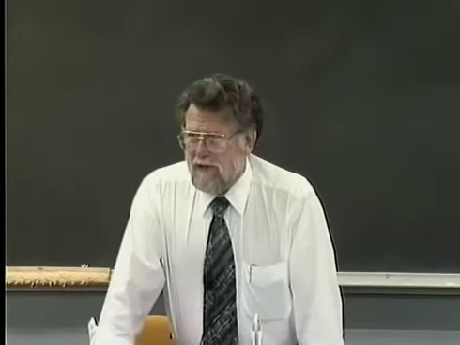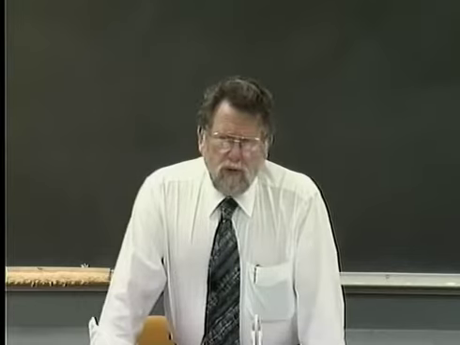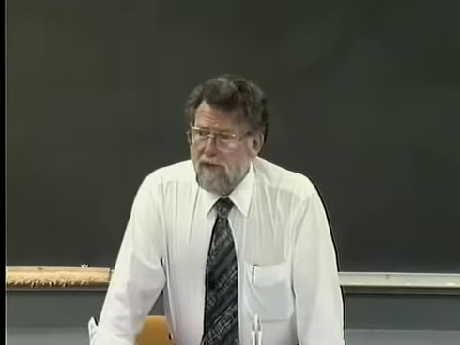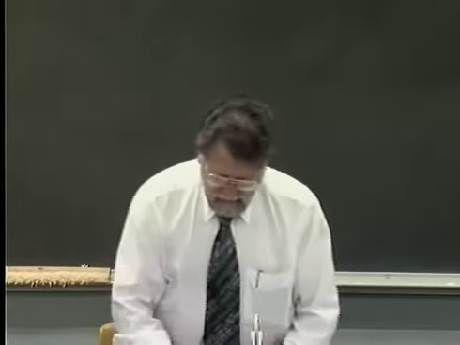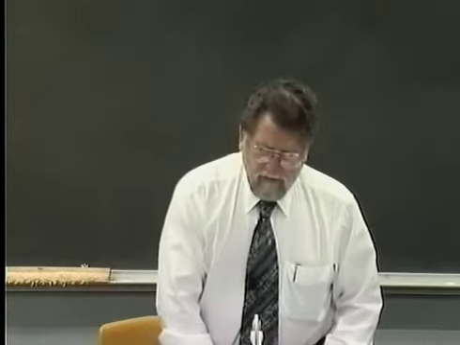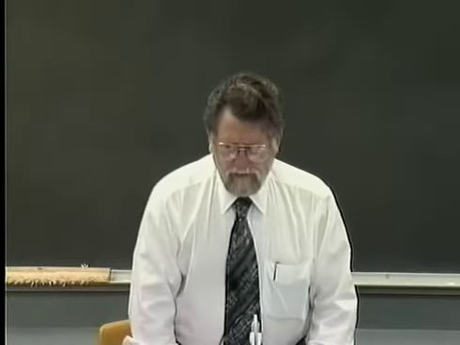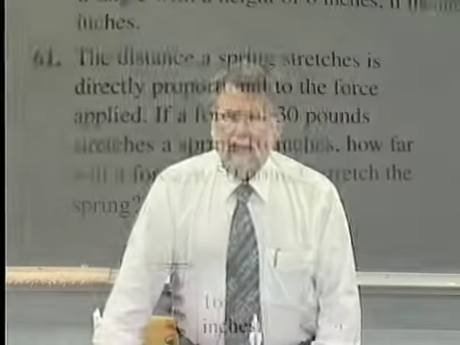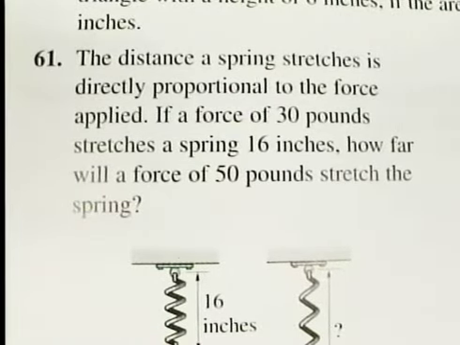Direct variation. So I want you to have a sense of direct and inverse variation, because this particular problem involves direct variation. Now, the key in such a problem is to find the value of k, the constant of proportionality.